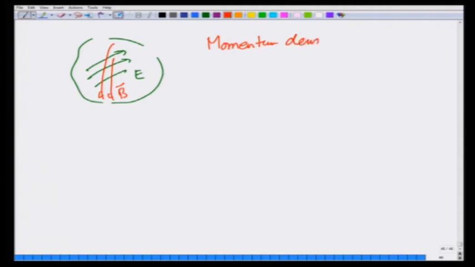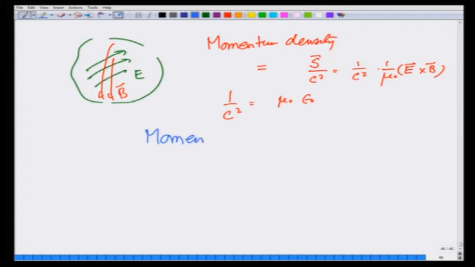So, momentum density per unit volume is going to be S over c square, equal to 1 over c square times 1 over mu 0 E cross B. Since 1 over c square is mu 0 epsilon 0, this can also be written as momentum density equal to epsilon 0 E cross B.